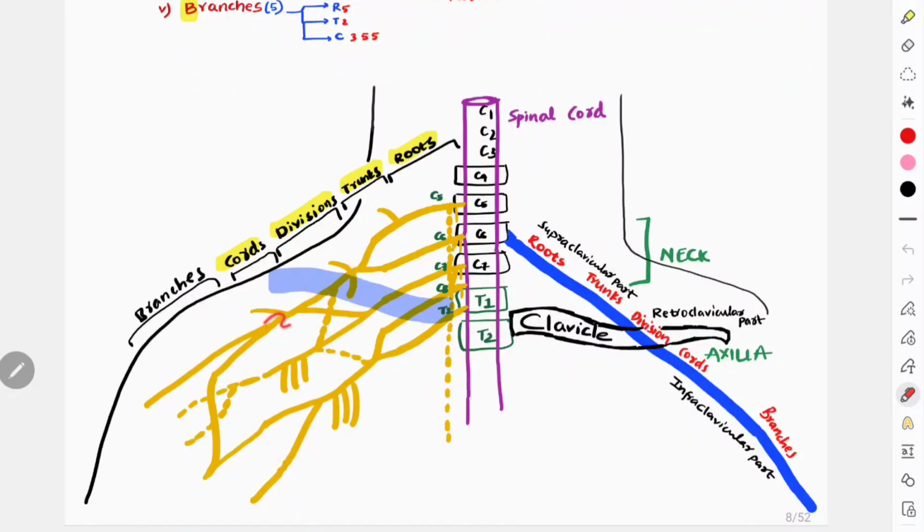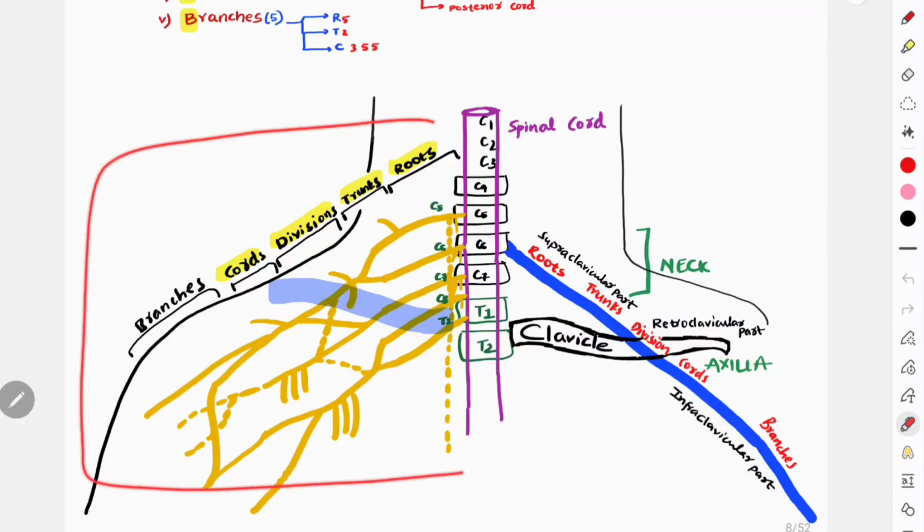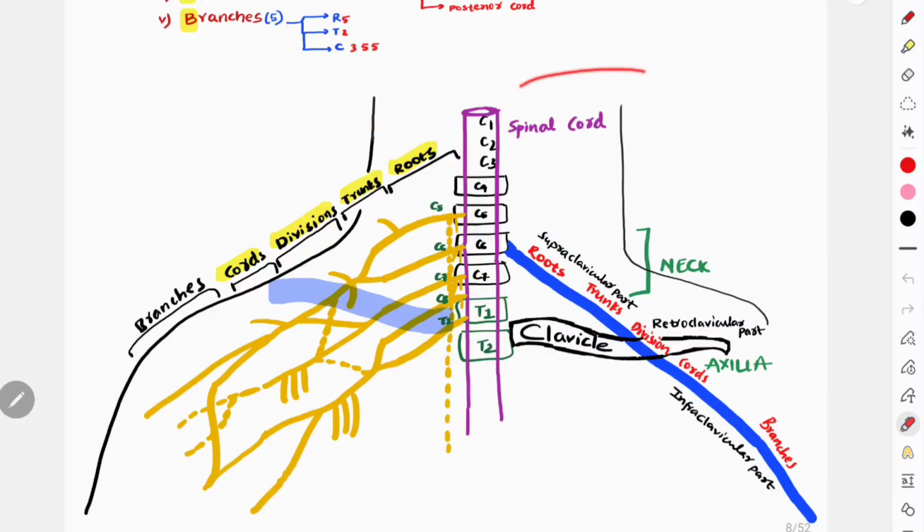So the cords further go as branches and innervate the upper limb. See, these are the branches. They also unite and they go like this and innervate the muscles. This I have simply represented as a line diagram here. You can see the roots, trunks, divisions, cords and branches.